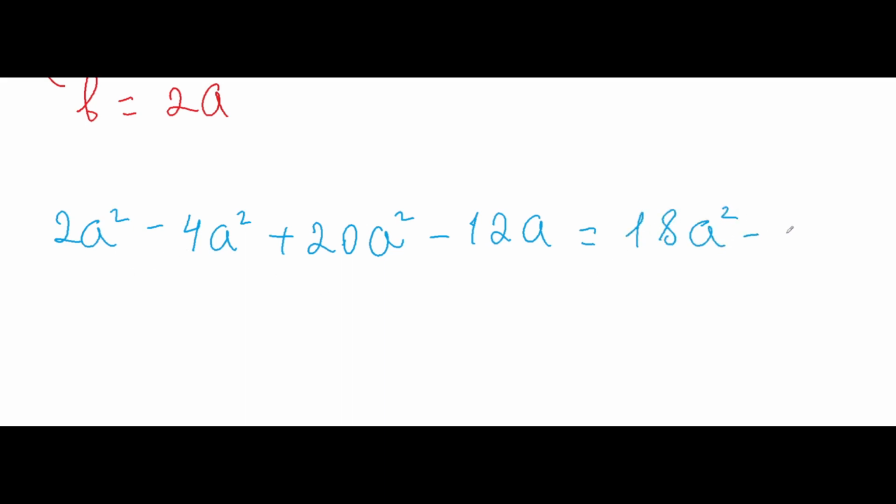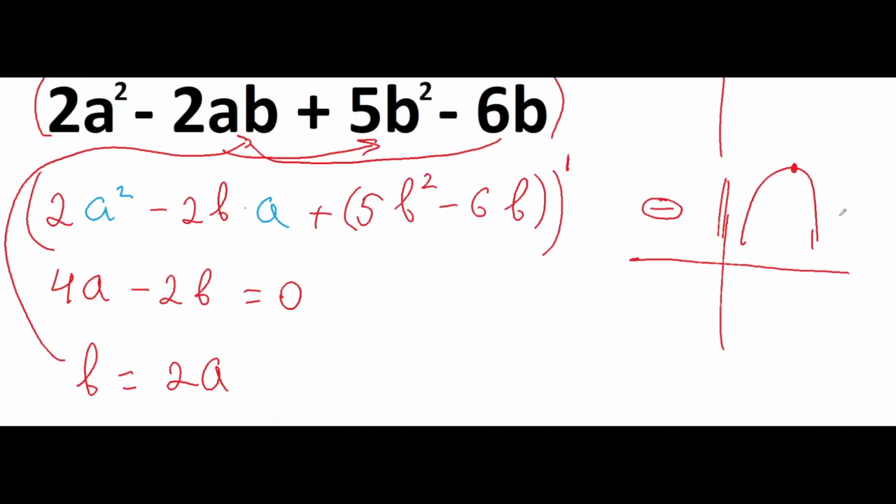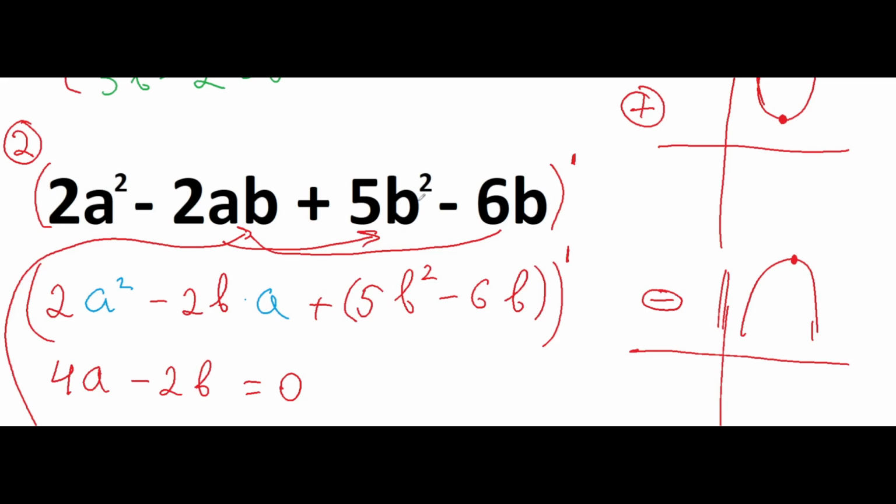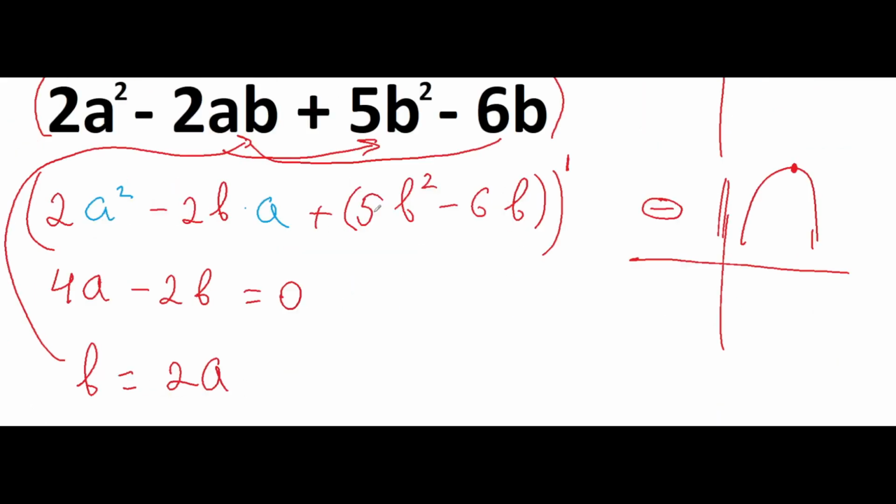Here we can get the answer like 18a squared minus 12a. But we got an expression that is not a number. What to do next? The next step is to find the minimum value of this expression, because we found the minimum value of this expression, but it's not a constant number.